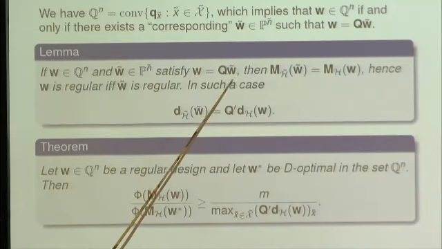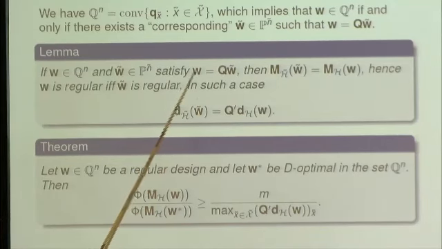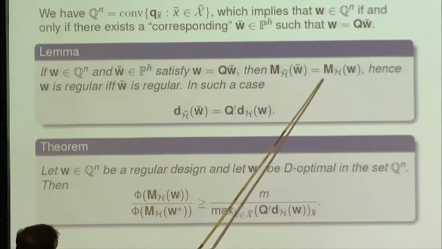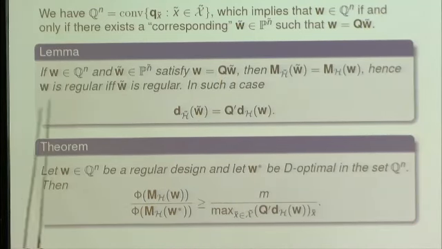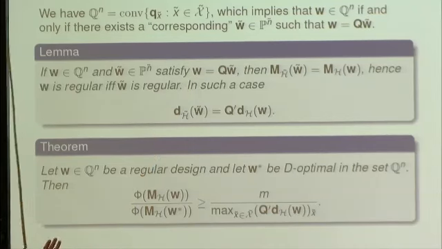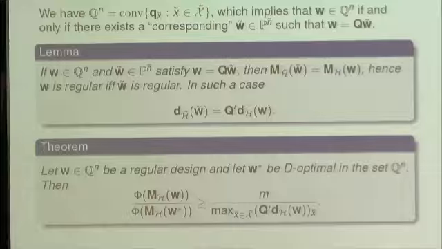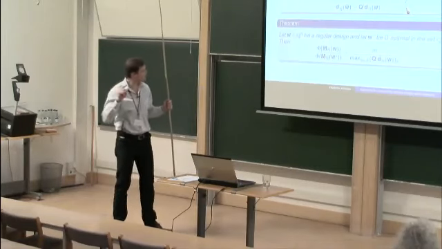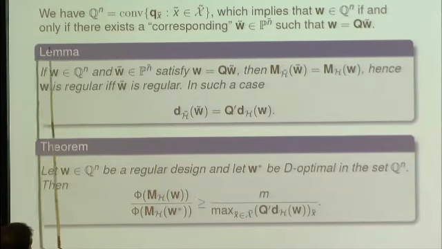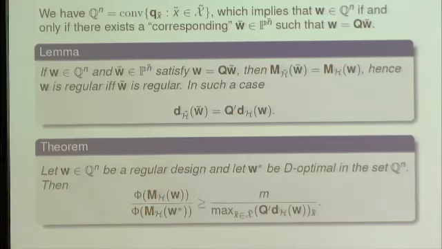If W and W tilde are related using this simple equation, then the corresponding information matrices in the corresponding models are the same. But what does this mean? This means that if we have a design W which is inside of this constraint set, then W tilde is the coordinates of the design W that express W using the extreme vectors of the set Qn. Okay, so this is just coordinates.